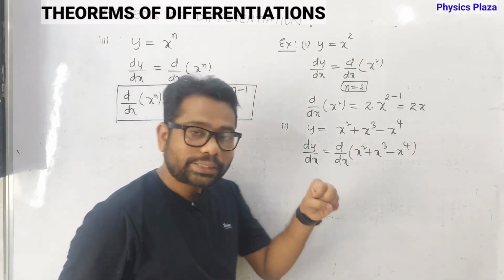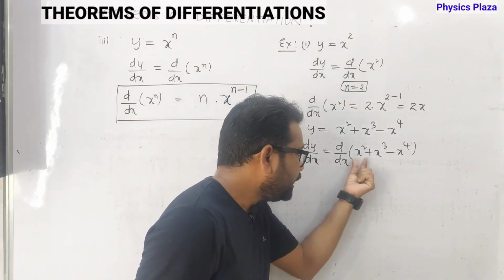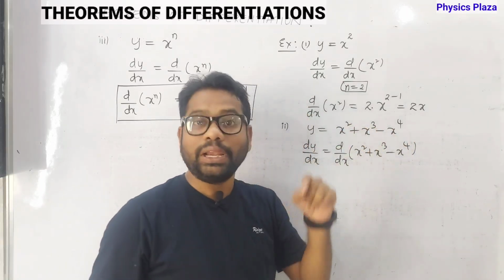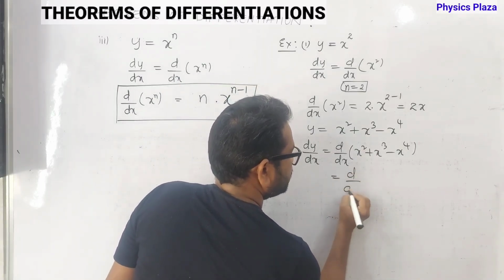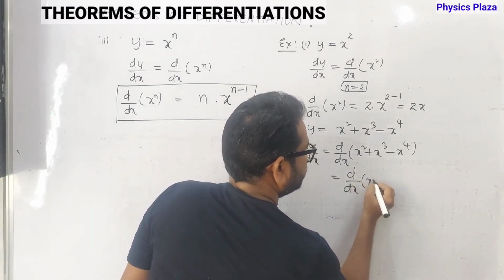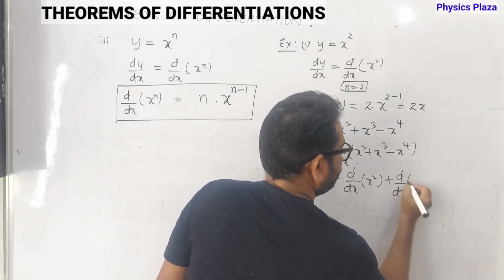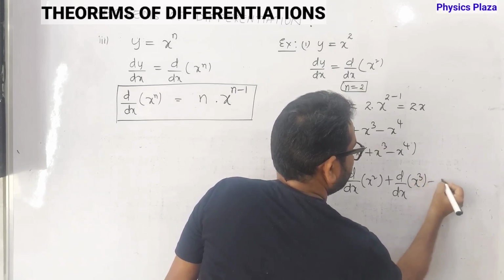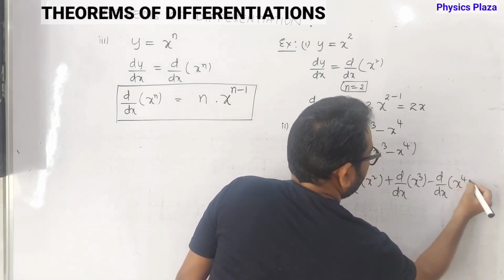Now as per the second theorem of differentiation, children, this can be applied to the individual functions. So this is going to be d by dx of x square plus d by dx of x cube minus d by dx of x power 4.